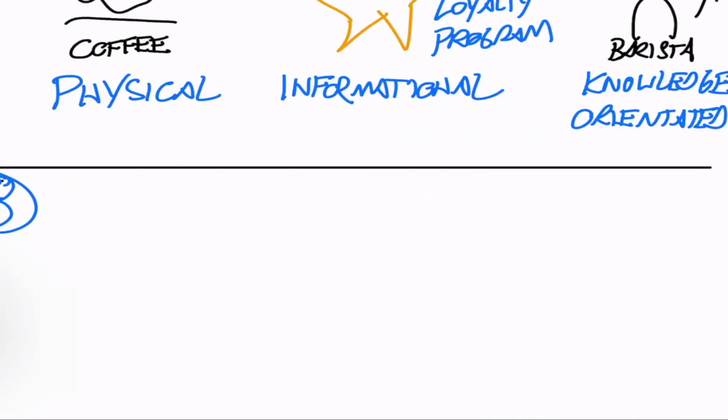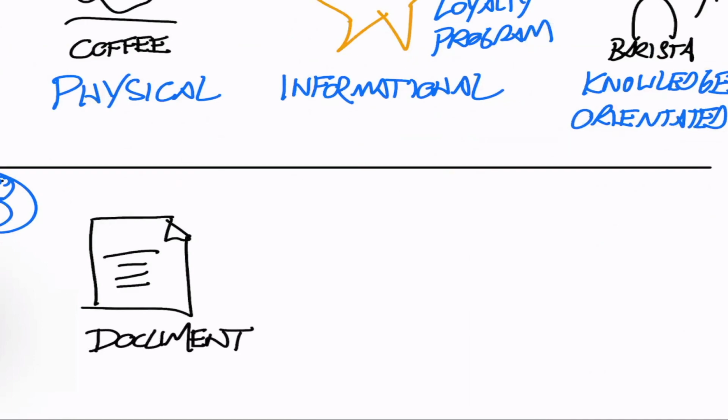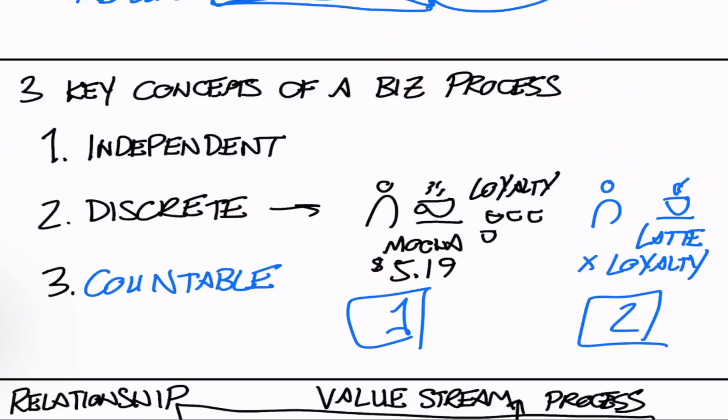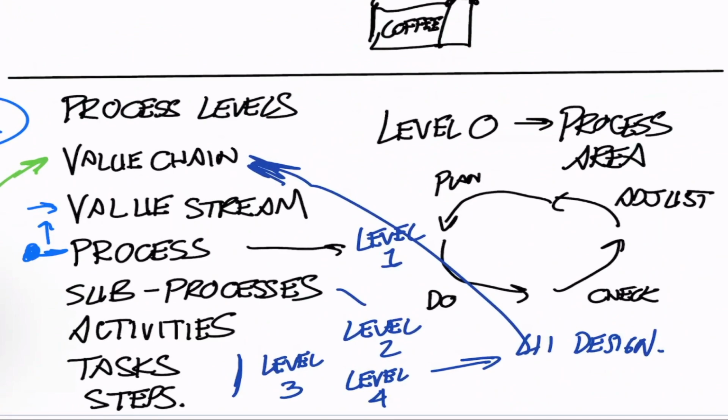And lastly, for number 8, for our business processes, we can document them. That's a whole part of the notation and being able to write this stuff down, is we can have a documented set of processes. One of the things I note is that if we zoom up and go to the higher level processes, like the value chain here, what you find is if you document the value chain one time and do it well, your value chain is for the most part not going to change for a very long time.